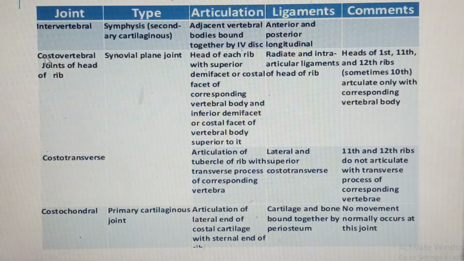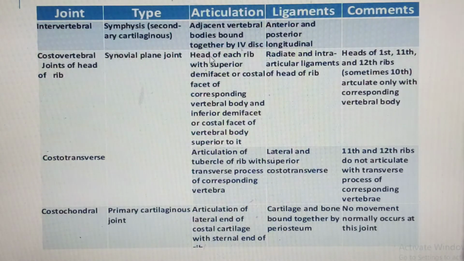And then we also have what we call the costovertebral joint. This is between the articular facet on the head of the rib and the body of the thoracic vertebrae. It's a synovial type of joint, with a joint cavity.